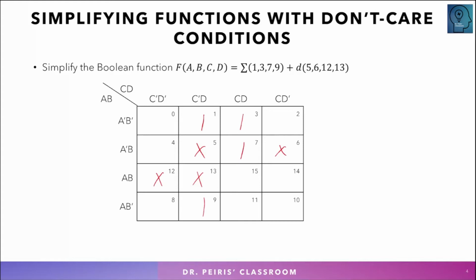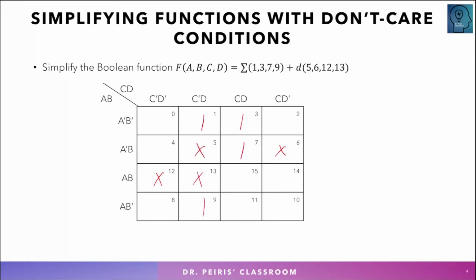So how can we group this K-map? You might need to think a little bit about the best way to group these terms. We basically need to group these ones. Our idea is not to group the crosses; what we are focusing on is grouping the ones, but with the help of the crosses.